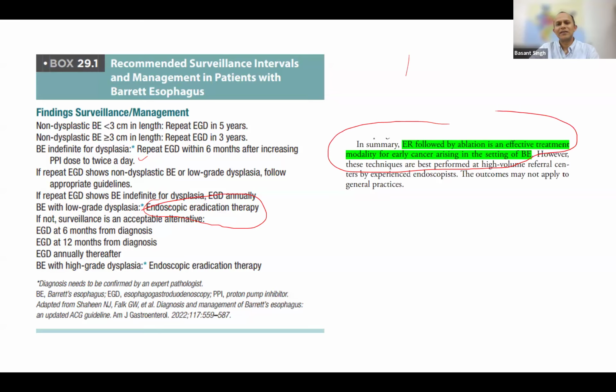So what we do is ablation, which you can do with RFA. And if you have any visible lesion, we do EMR. That should be very clear in your mind. If you have any nodule, you do resection of the nodule followed by ablation of the mucosa. So, endoscopic eradication therapy.